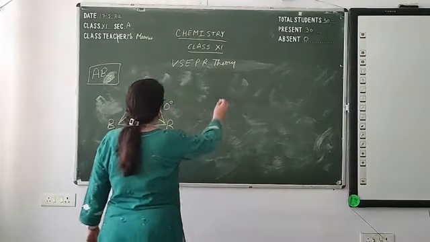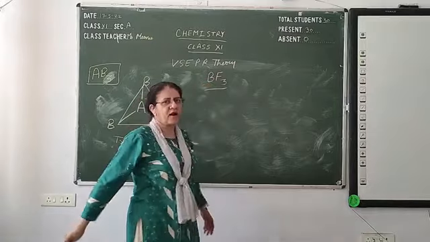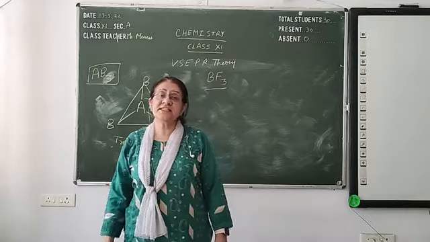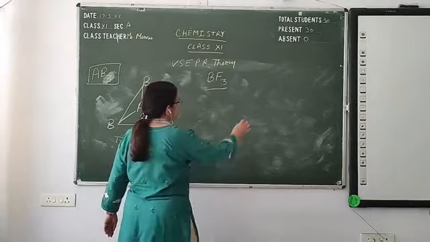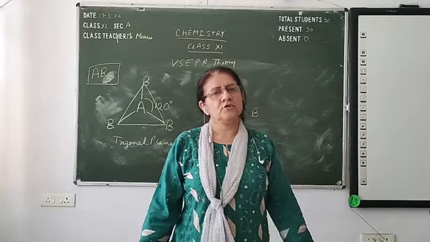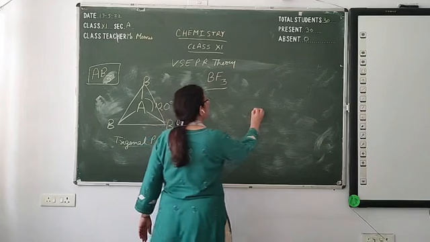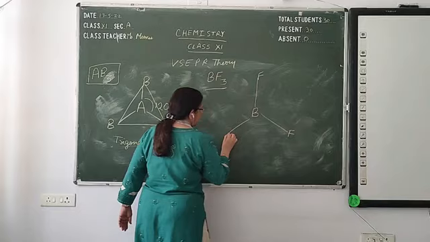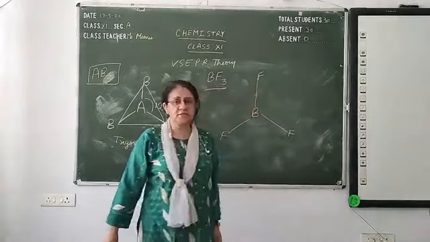Now, let us take an example. The example is boron trifluoride, BF3. Tell me which is the central atom here. The central atom here is B, boron. It is bonded to 3 F atoms, F, F, F. So, there are 3 electron pairs.